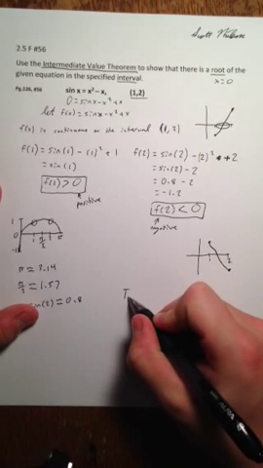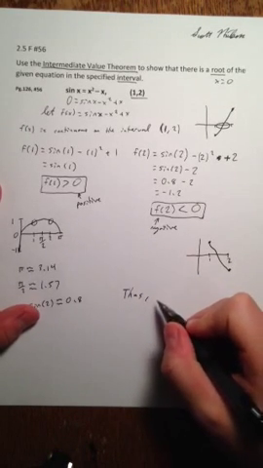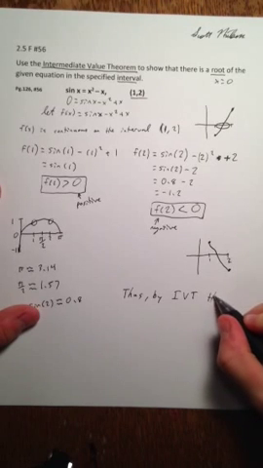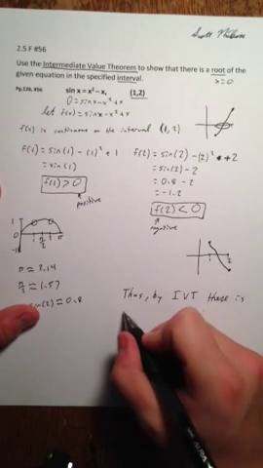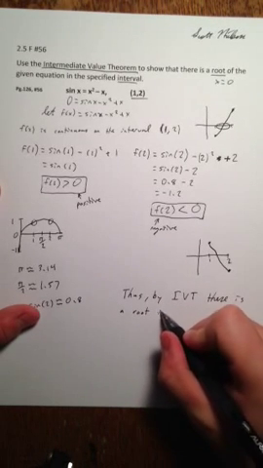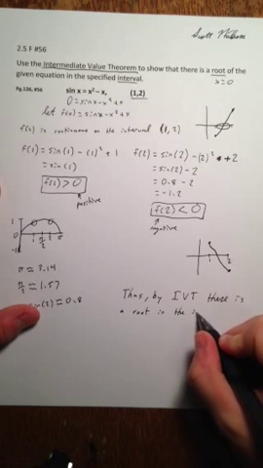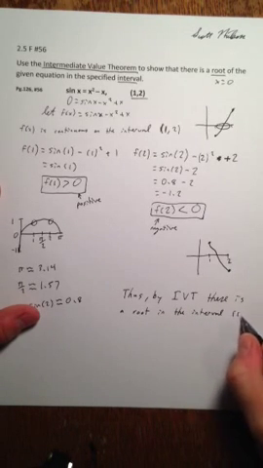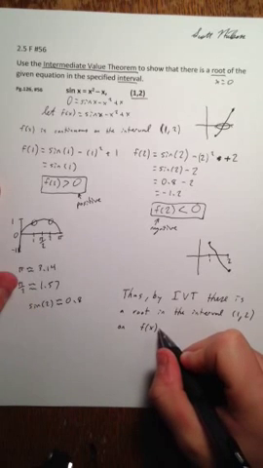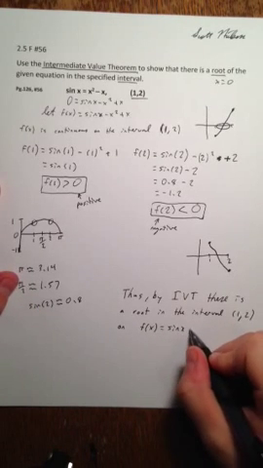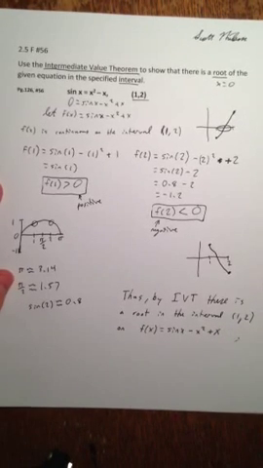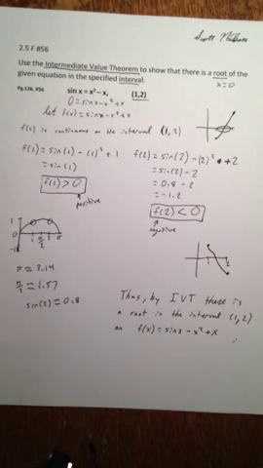So we can say, thus, by IVT, there is a root in the interval 1 to 2 on f of x equals sine x minus x squared plus x. Alright, so question's complete. There you go, guys.